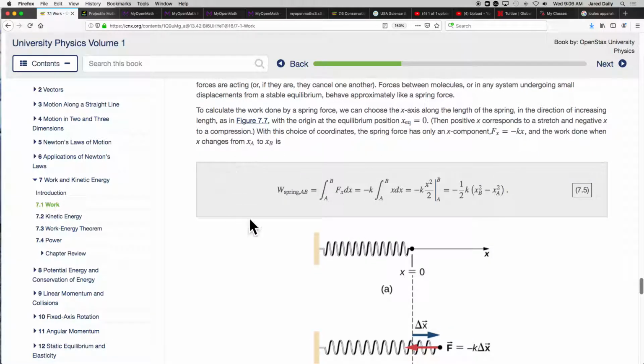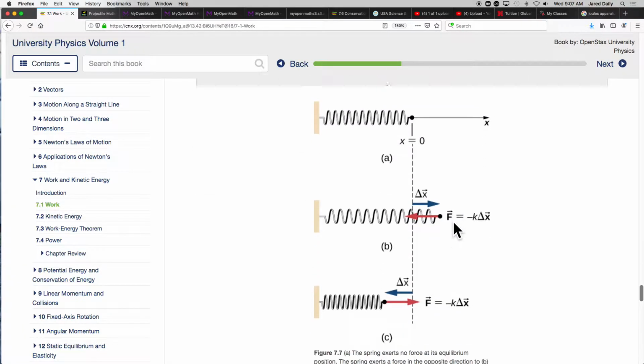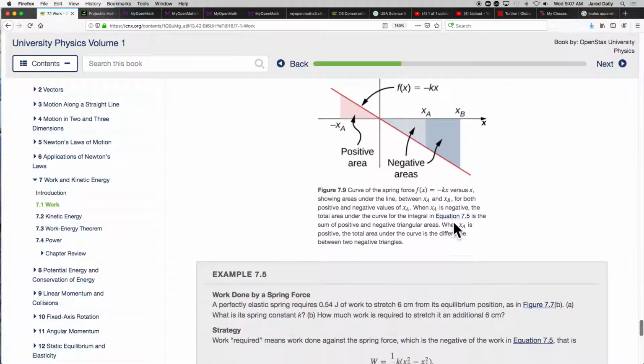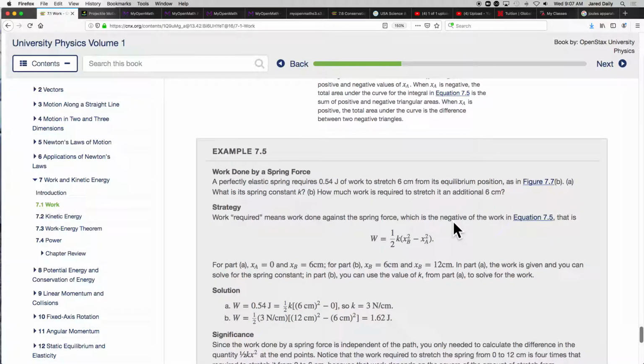Now here's something else we learned. We did some calculus for the work done to stretch a spring, and that resulted in a formula, once again. A formula that tells us the work done to stretch or compress a spring, which is 1/2 k times the amount stretched, x squared, so 1/2 kx squared.